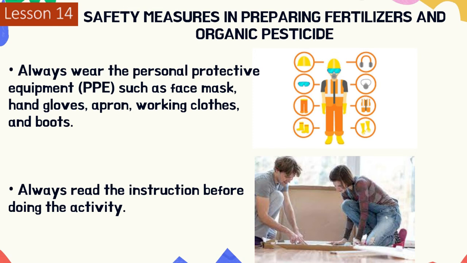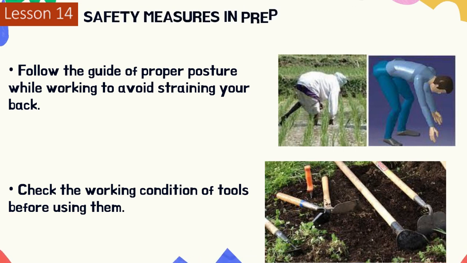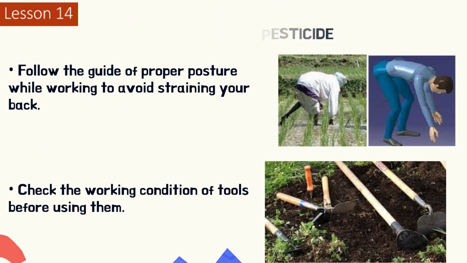Next, always read the instruction before doing the activity. Follow the guide of proper posture while working to avoid straining your back. Next, check the working condition of tools before using them.